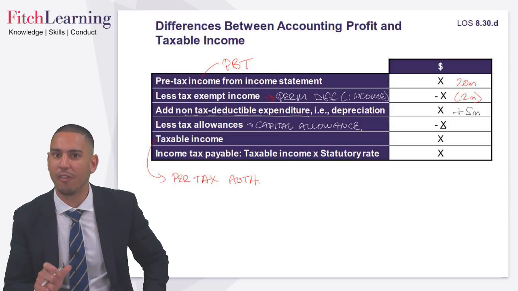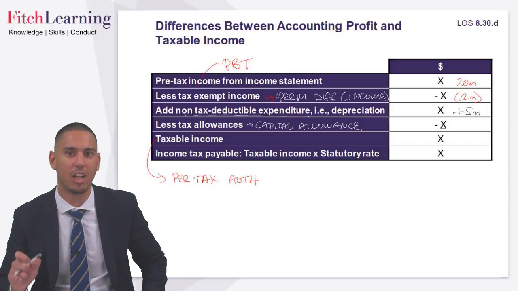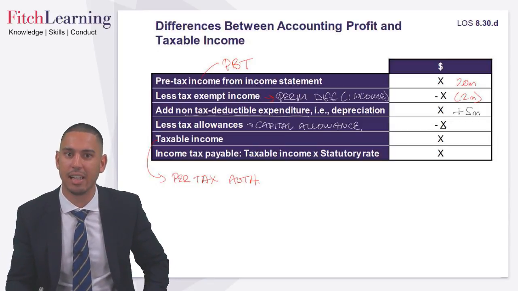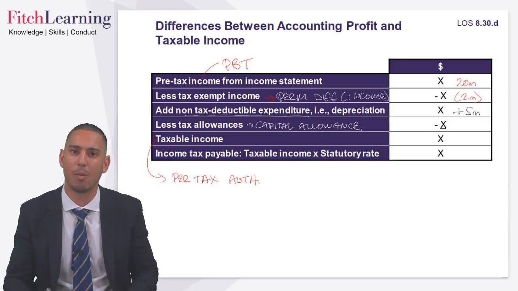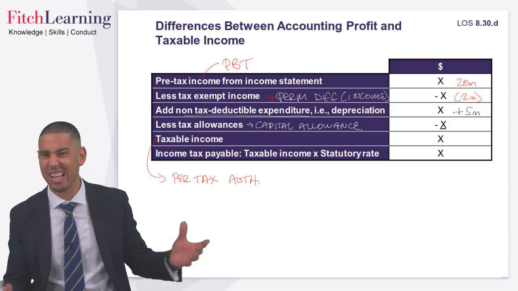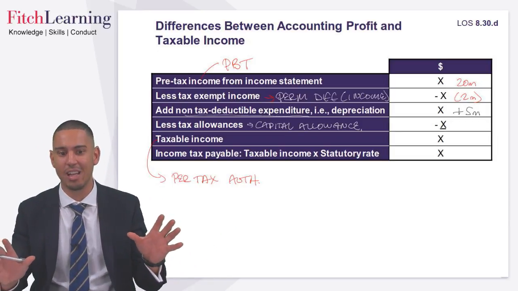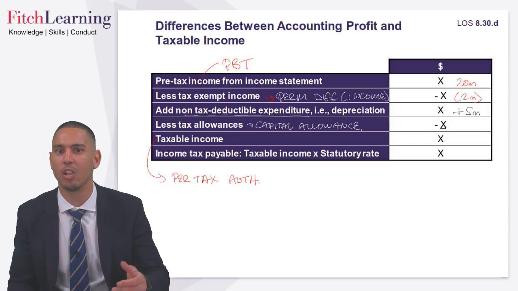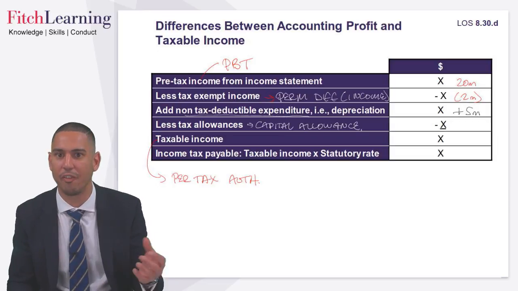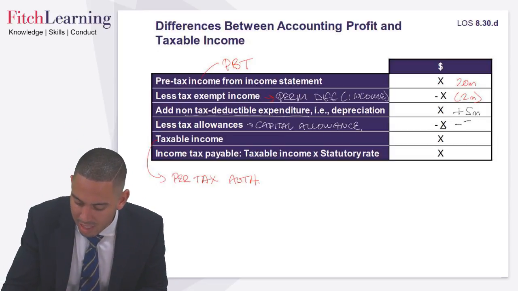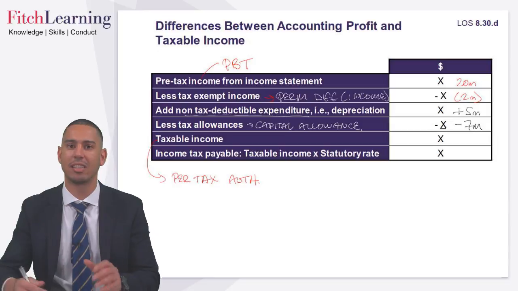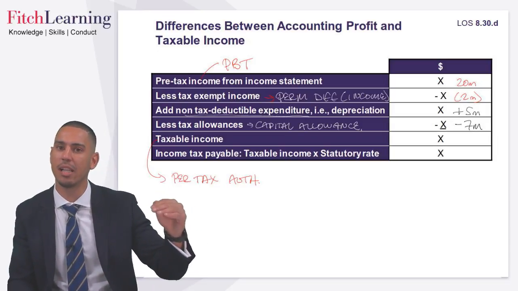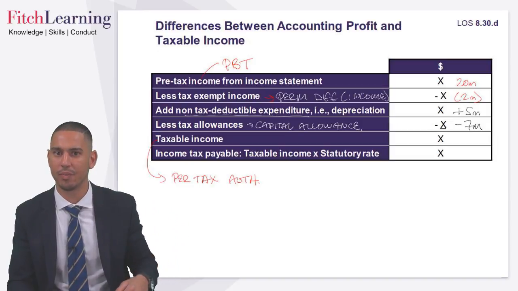And instead of this 5 million depreciation charge per my accounts, what I get to deduct instead is the capital allowance for depreciation. And let's just say, made up number here, the tax authority says I'm going to allow you to take a deduction of 7 million. Instead of the 5 million depreciation I've charged, I get to take out 7 million instead, bringing my taxable income lower.